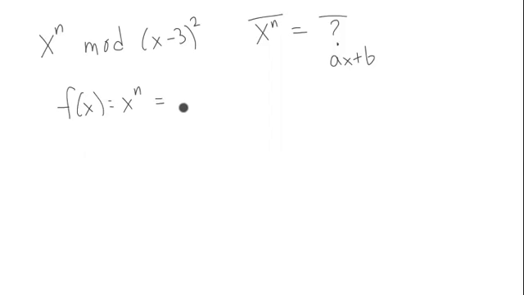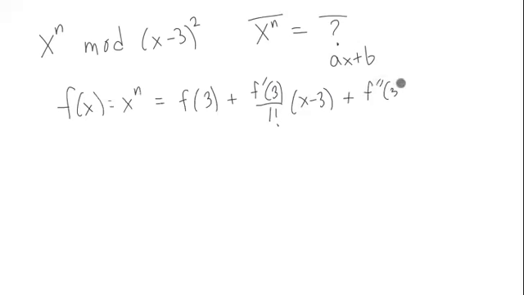We can think of this as being f(3) plus f'(3) over 1 factorial times (x - 3) plus f''(3) all over 2 factorial (x - 3)^2, and it keeps going.